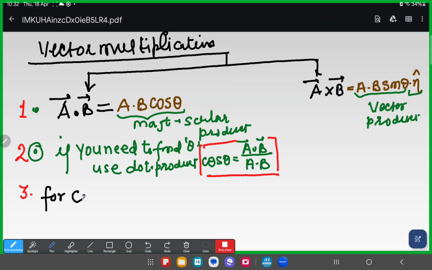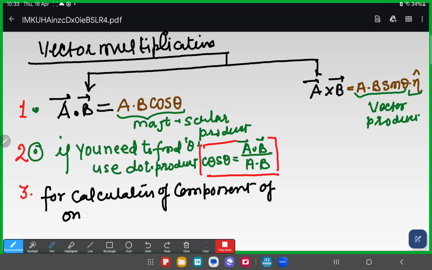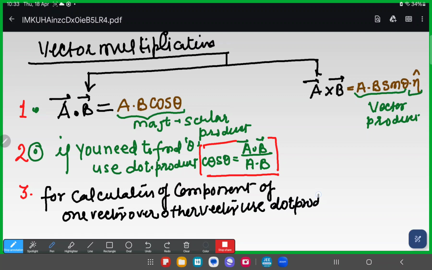Fine. Now the third important point is, for calculation of the component of one vector over another vector, use the dot product.